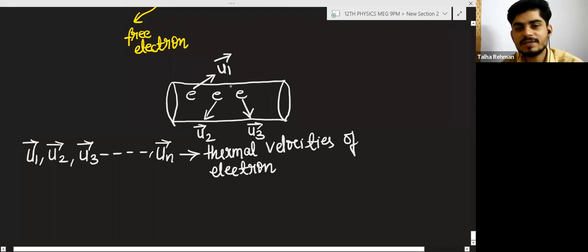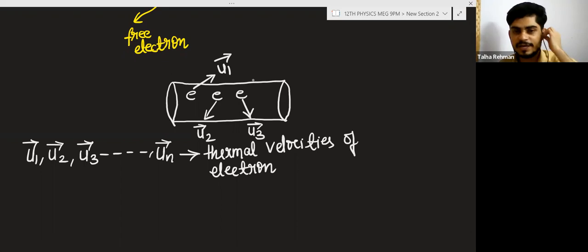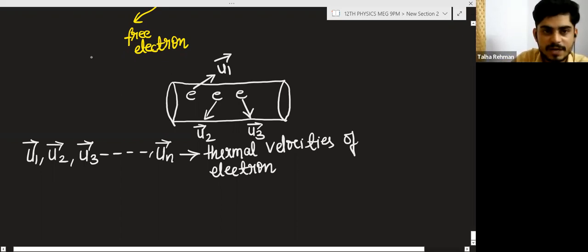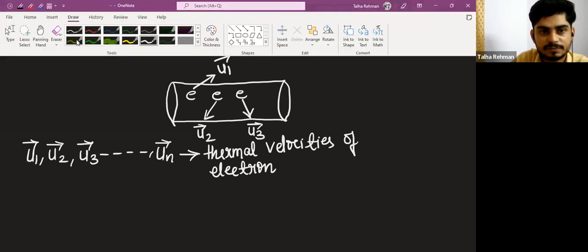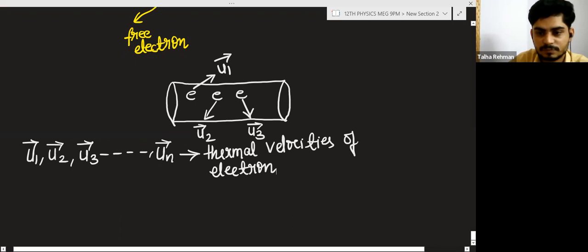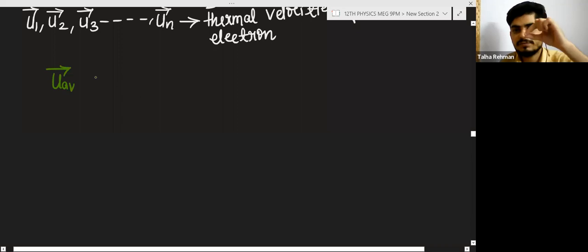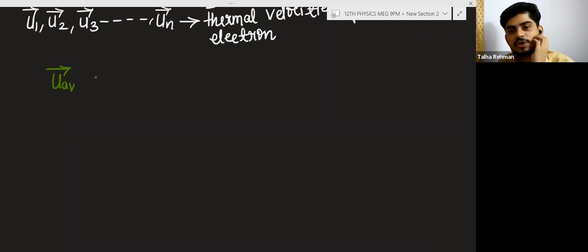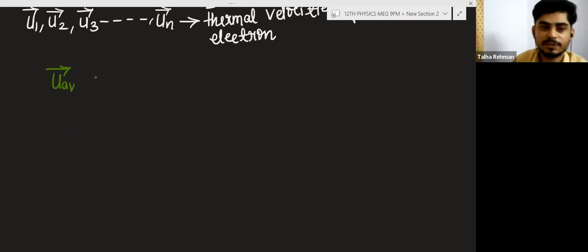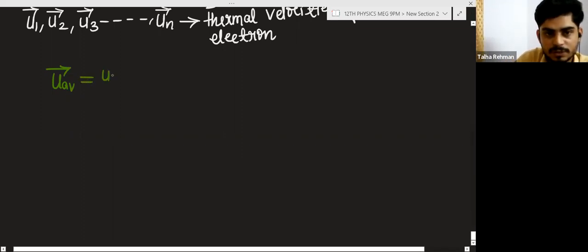And if I want to find the average thermal velocity of all these electrons, it is found that when there are velocities in all directions, in random directions, and you take the average of all the velocities, you will get 0. Means u1 plus u2.